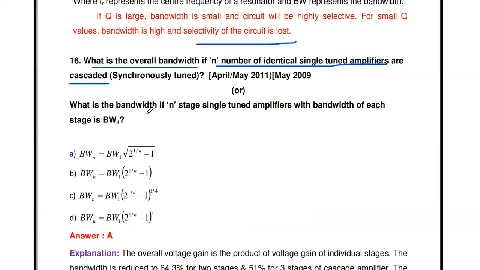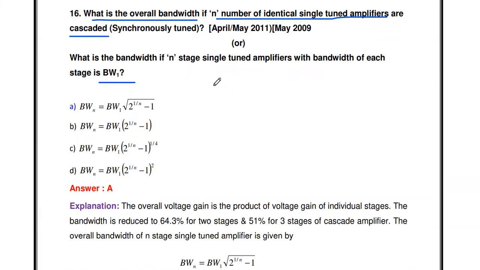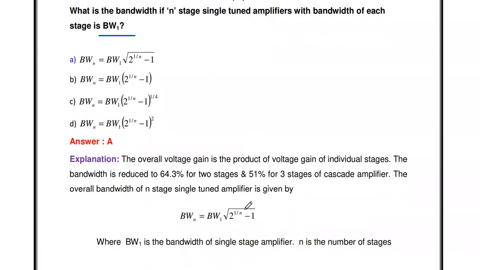Or otherwise: what is the bandwidth of n-stage single tuned amplifiers, with the bandwidth of each stage BW1? These are the various possibilities of asking the same question. So if the bandwidth of the single stage is BW1, the bandwidth of n stages is BW1 into square root of 2 to the power 1 by n minus 1.